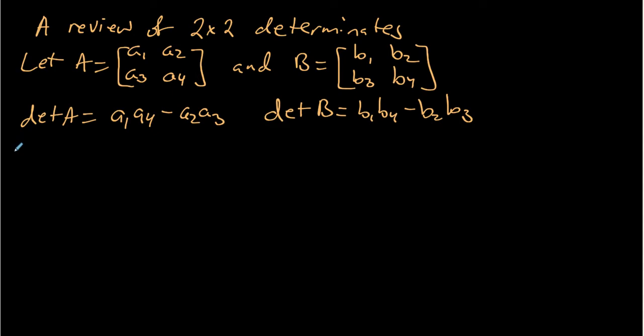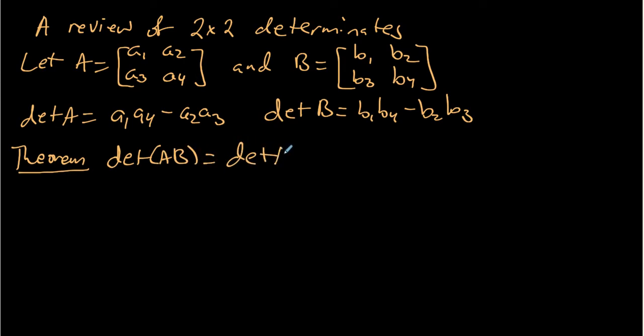And the first thing that I want to do in this particular video is look at a theorem that you may remember from linear algebra, which is that the determinant of a product is equal to the product of the determinants.